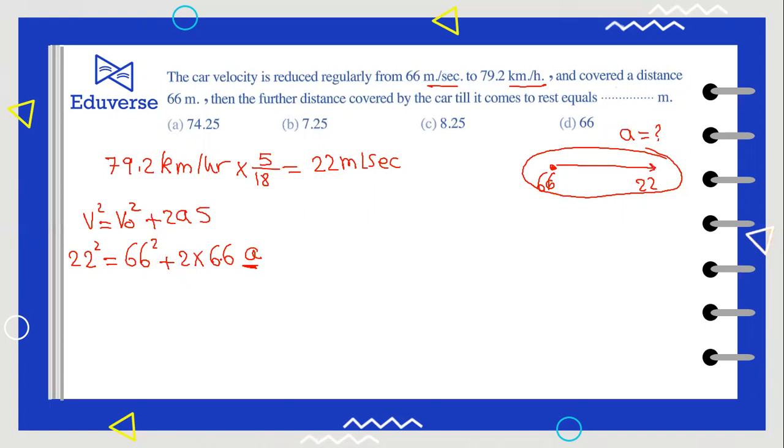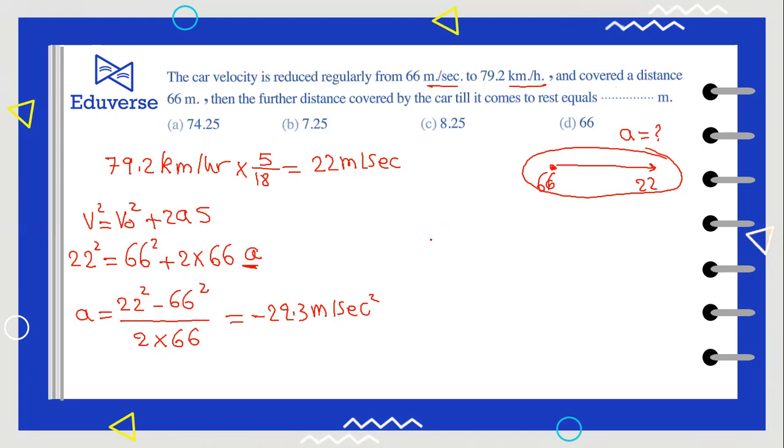By the way, the acceleration here will be negative because the velocity is decreasing. Then acceleration equals 22 square minus 66 square over 2 multiplied by 66. The answer will be negative 29.3 meter per second square.